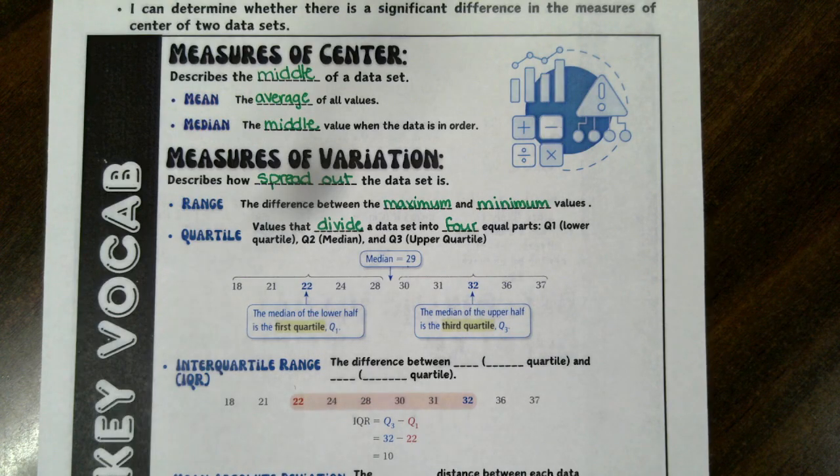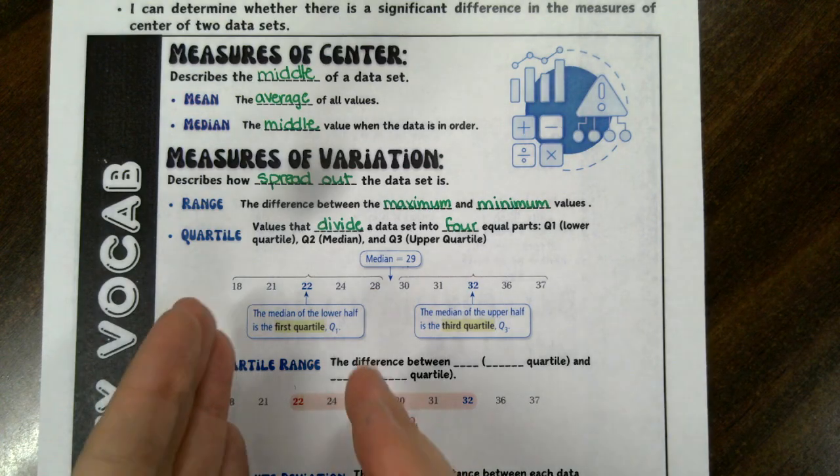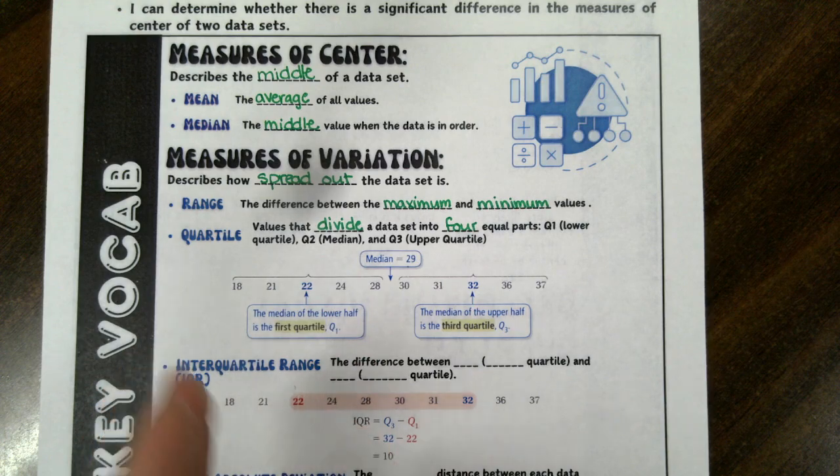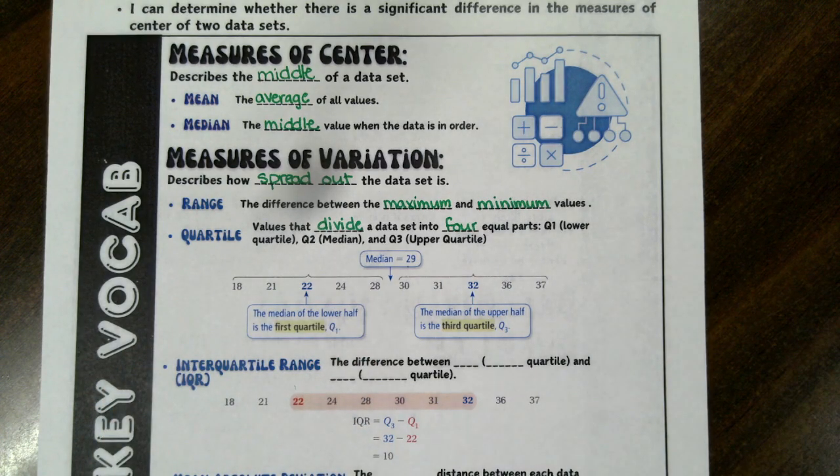So we're taking all that data, splitting it up into 4 equal parts, and then finding those 3 sections: the lower quartile, the median, and the upper quartile.